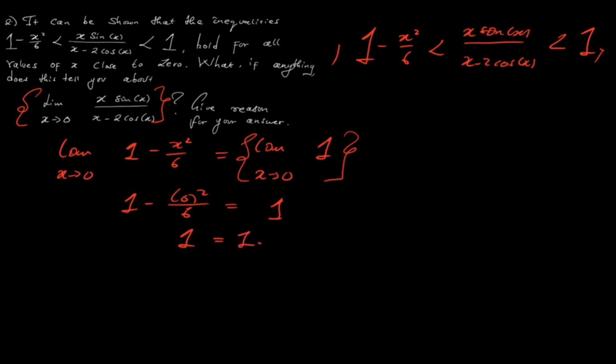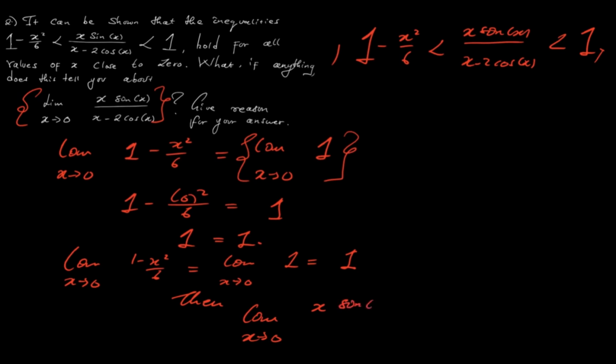So now this means that the limit as x approaches 0 of 1 minus x squared over 6 is equal to the limit as x approaches 0 of 1. And this limit is equivalent to 1. Now, this then says that the limit as x approaches 0 of x sine x over x minus 2 cos x is also equivalent to 1.